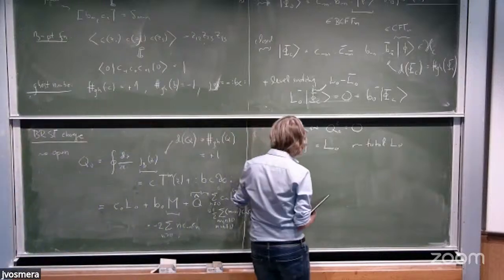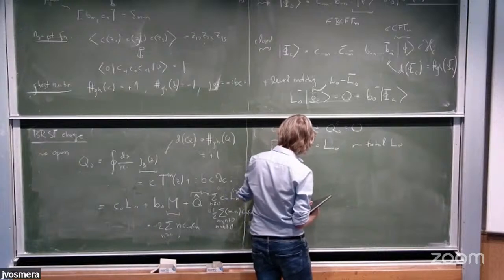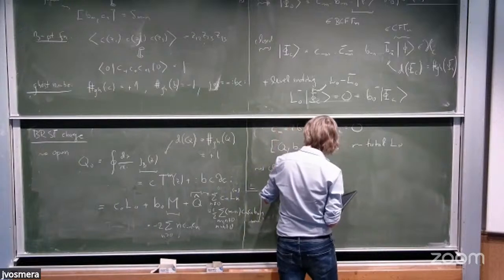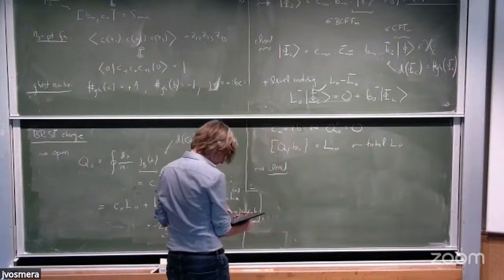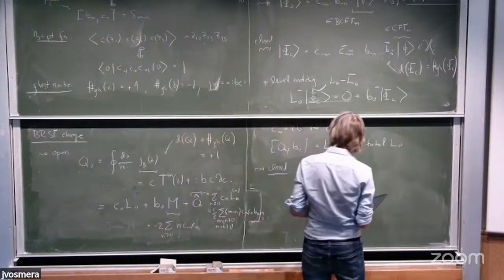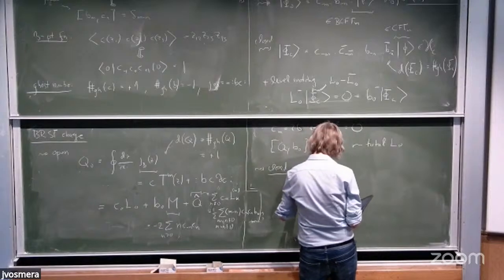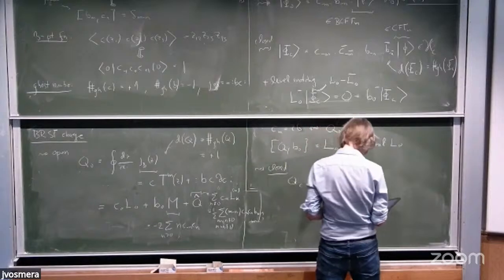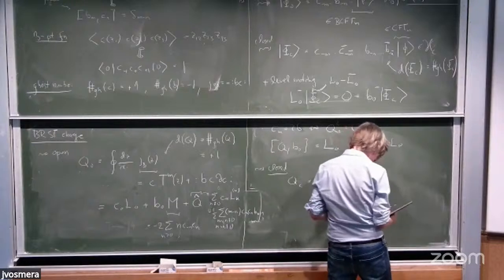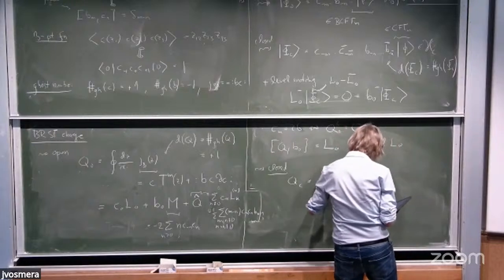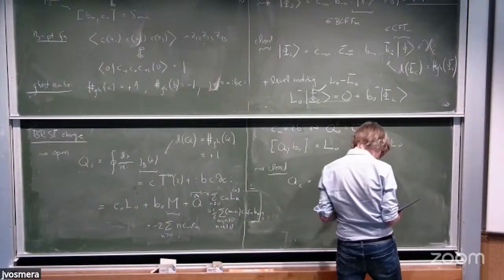So now in the closed string case, the generalization is pretty straightforward. Instead of just taking a holomorphic combination of modes for the BRST charge, we define this to be the sum of the holomorphic sector and the anti-holomorphic.